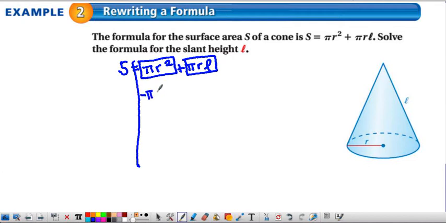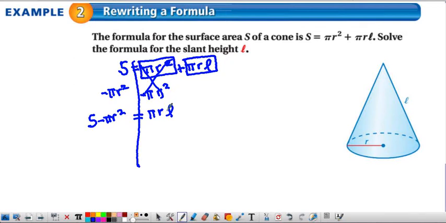So I'm going to go ahead and subtract pi r squared off both sides. Pi r squared minus pi r squared is just 0. And so we're left with pi times r times L on this side. And we're left with S minus pi r squared on this side.